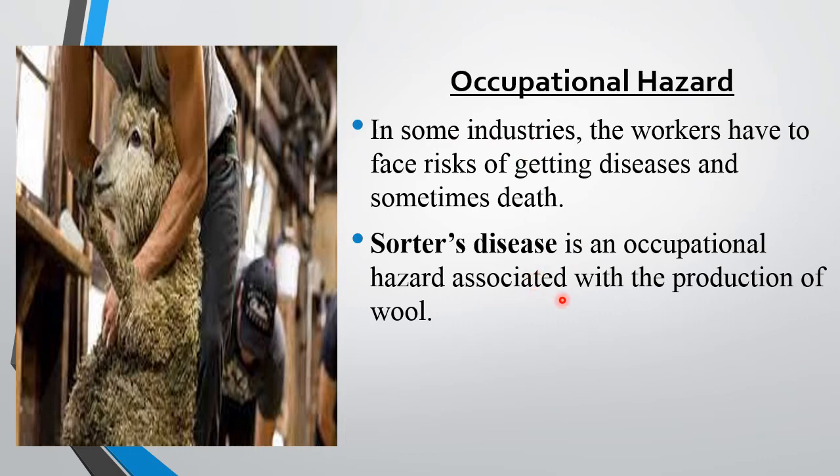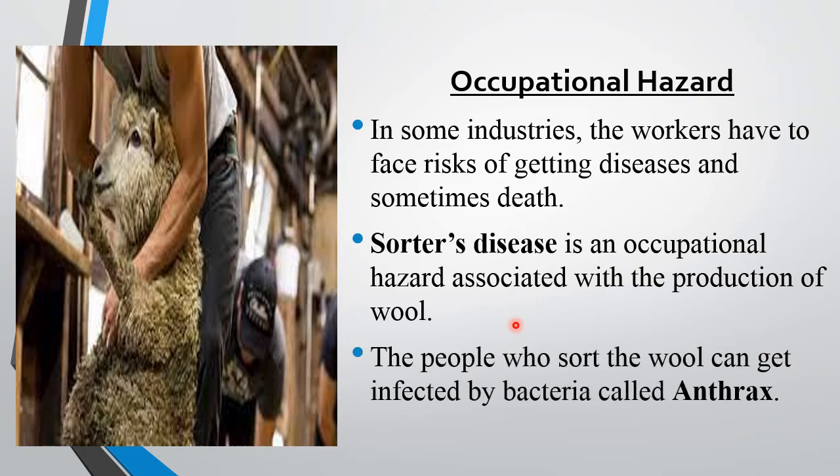The name of the disease is anthrax, and it is caused by a bacterium called Bacillus. This disease is commonly called sorter's disease because it is an occupational hazard associated with the production of wool.